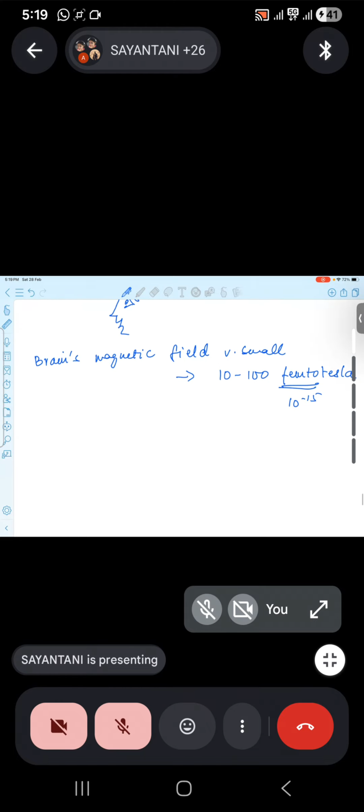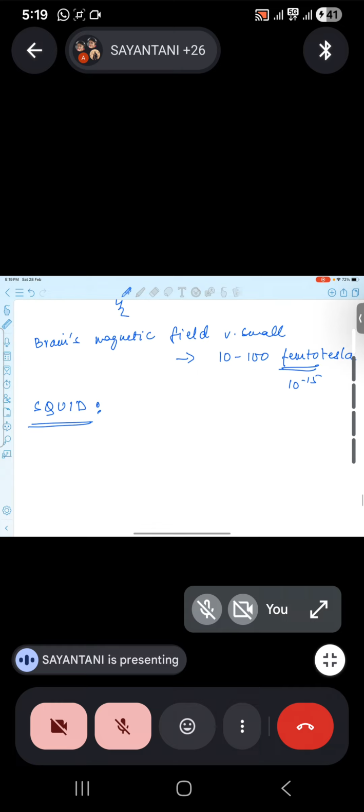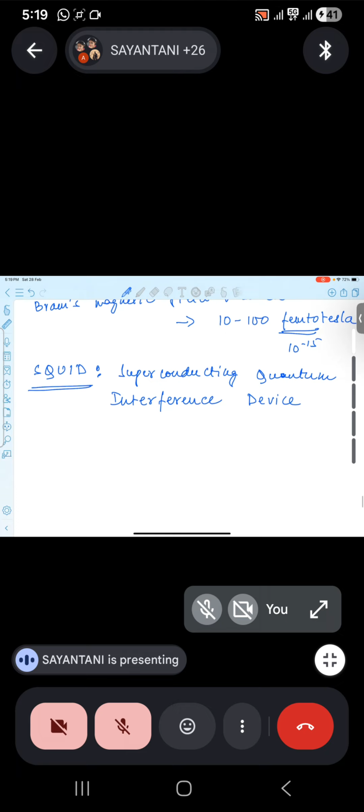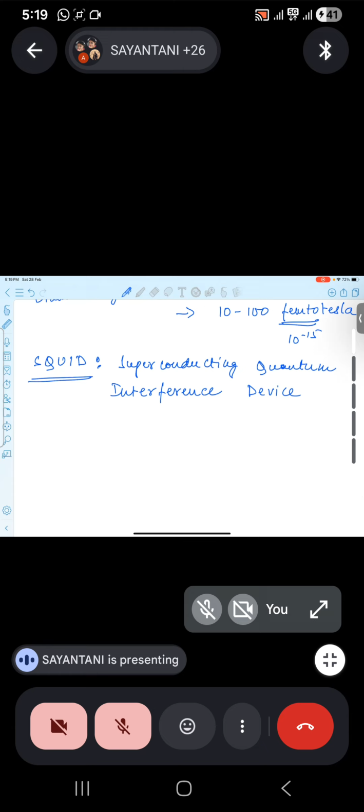What we need is some specialized sensors, and they are referred to as SQUID. What is the full form? Superconducting quantum interference device. These are very specialized sensors.